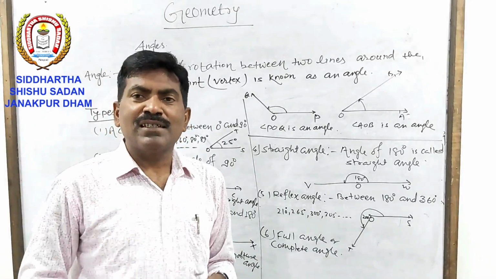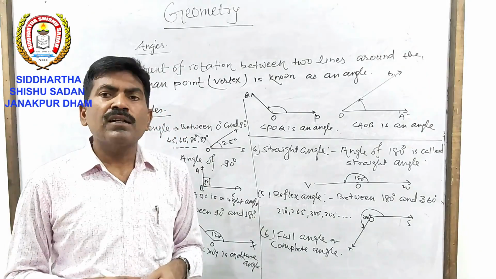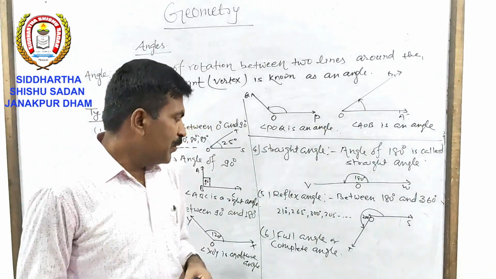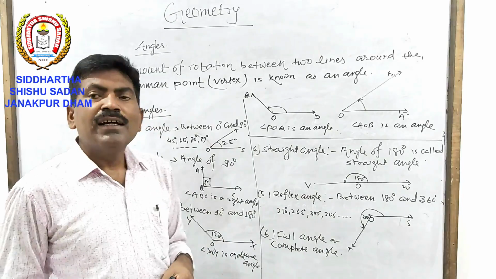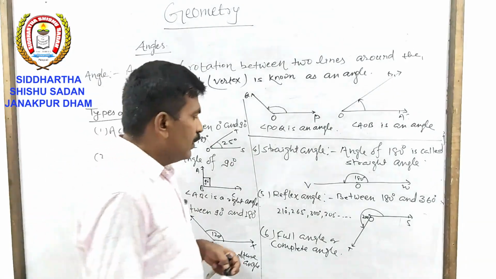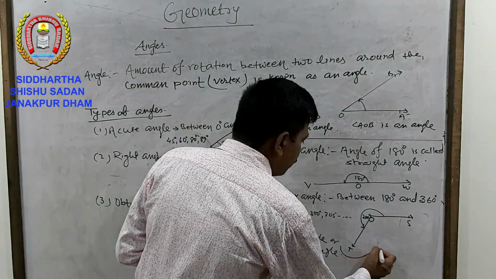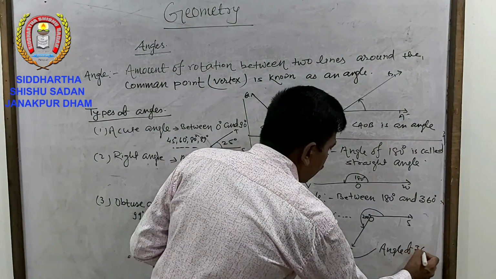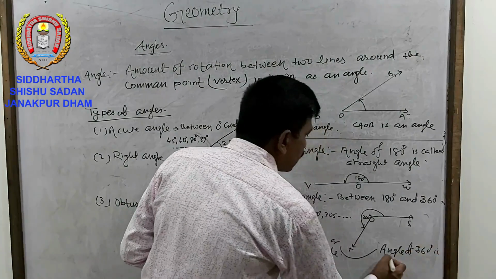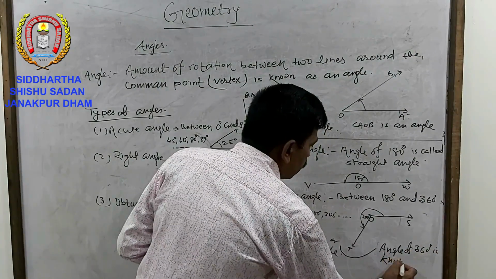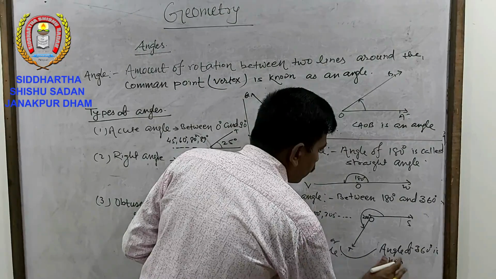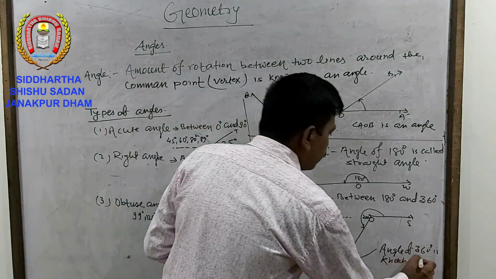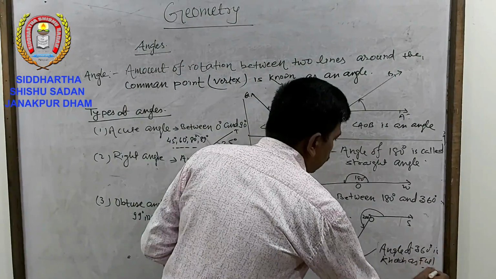The total measure of an angle is equal to 360 degree. Then such an angle is known as a full angle or complete angle. That means we can say an angle of 360 degree is known as full angle.